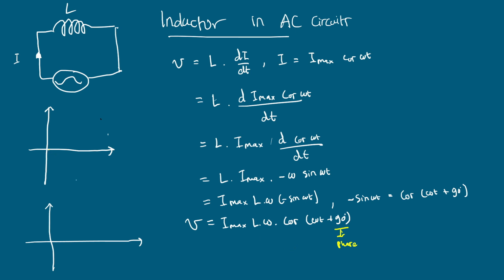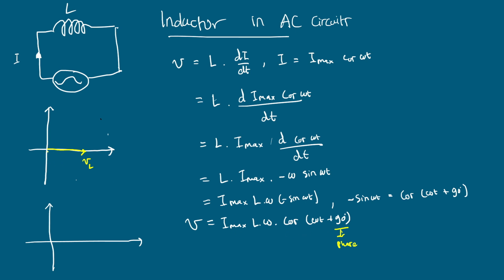Let's say that the phasor diagram is this one for the voltage, right? Because this is an inductor, we can symbolize it by VL, and then we can see here that the phase of V is plus 90 degrees. So it means that the voltage is leading the current.